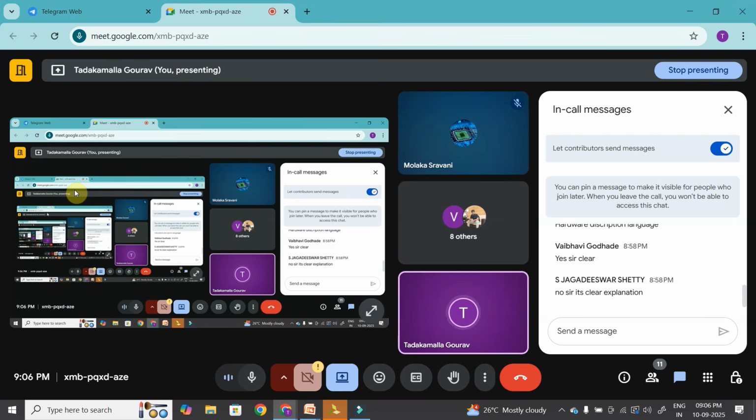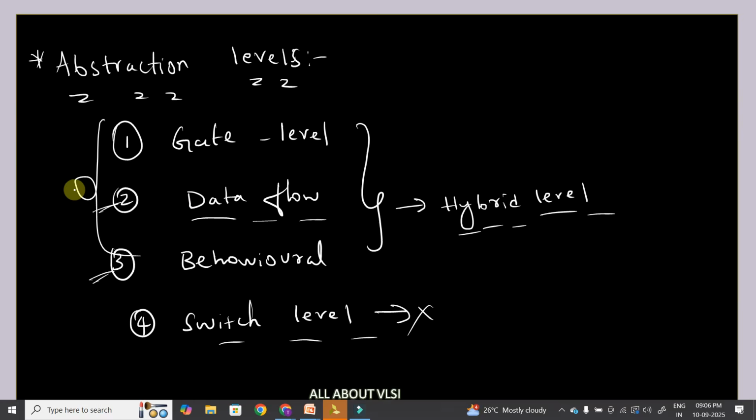Great. Before starting with gate level modeling, we need to understand a few more terms. First, some basic constructs known as comments. What do you mean by comments? Comments are lines which are not compiled by the compiler. The compiler will skip those lines which have been made comments.